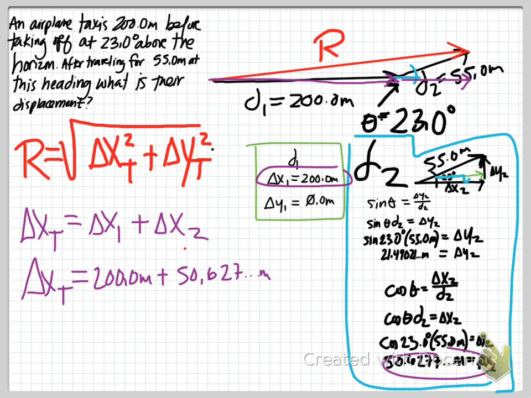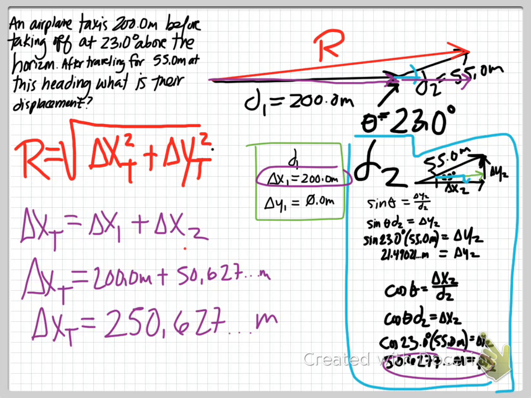And it's really important to keep all those digits on your calculator. So that plus 200, I get a delta x total of 250.627 blah blah blah meters. Okay, great. I'm getting this total x displacement, how far on the x-axis they traveled from start.